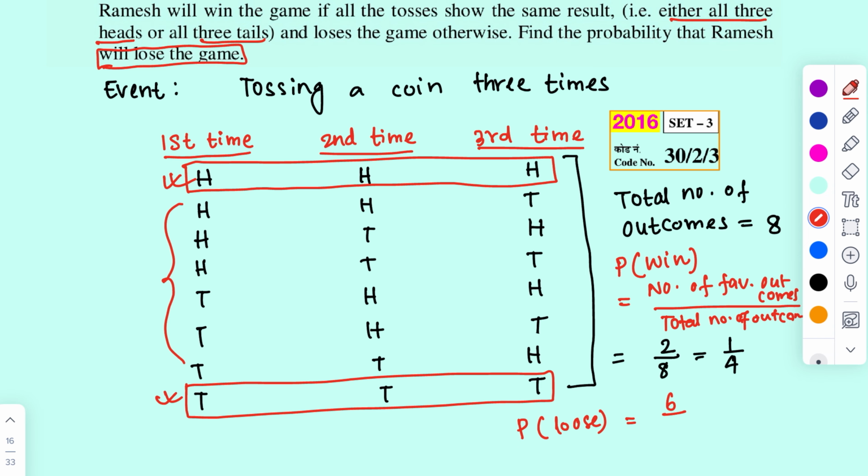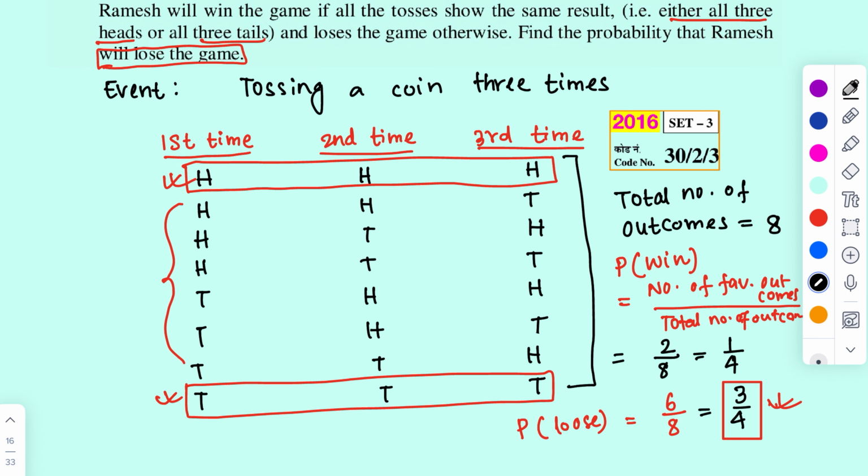For losing the game, 6 outcomes are favorable, divided by the total number of outcomes, which is 8. If you simplify it, it will be equal to 3 by 4. So 3 by 4 is the probability that Ramesh will lose the game. So this one is the answer.